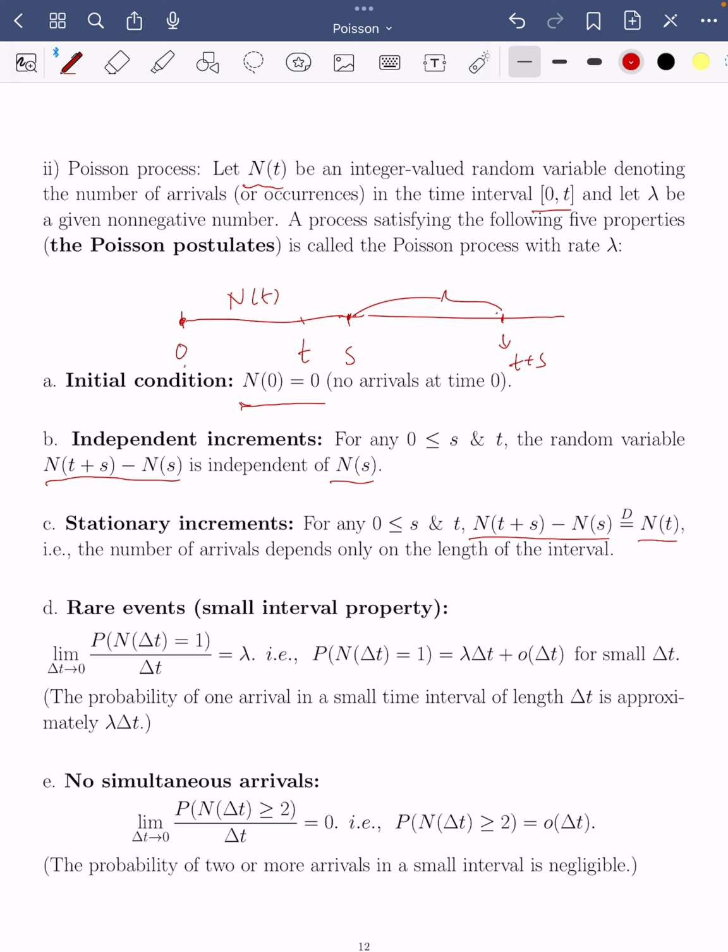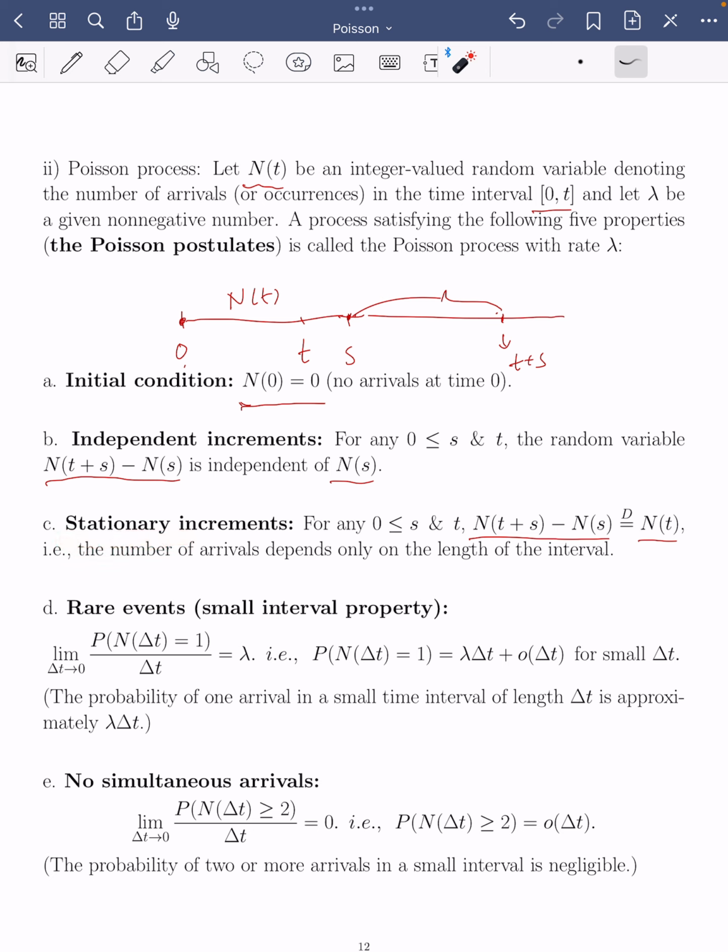As you see, the width of this interval is equal to t, and the width of this interval is also equal to t. So as long as these two intervals have the same width, the number of arrivals in these two intervals will have the same distribution. So that's the so-called stationary increments.